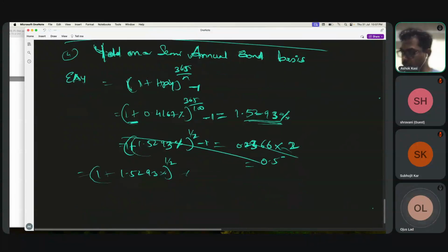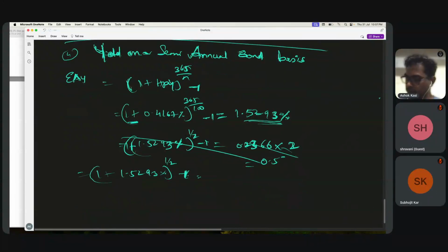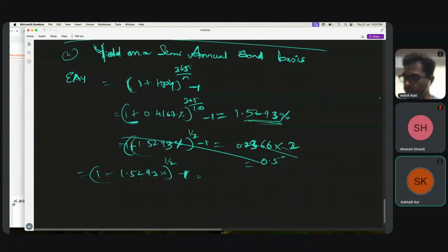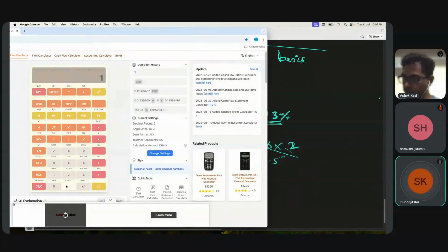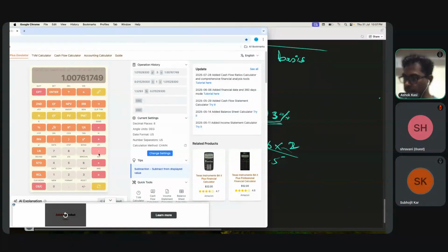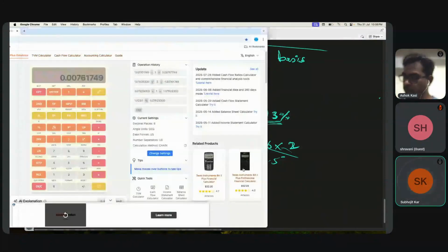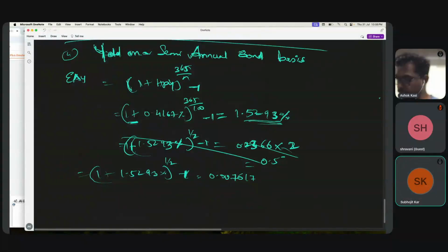This way I should do. So here it is 0.00761749.